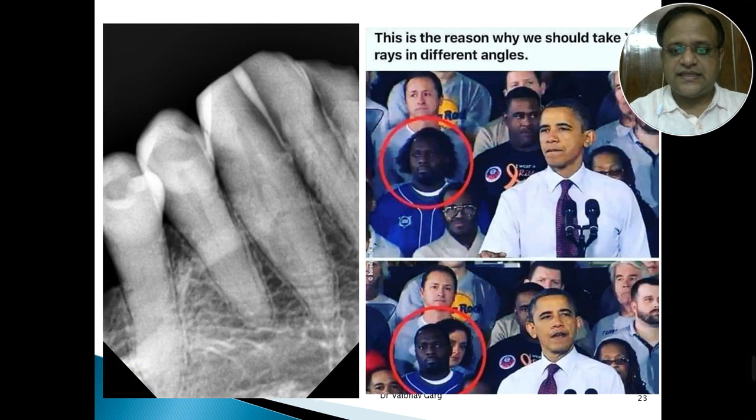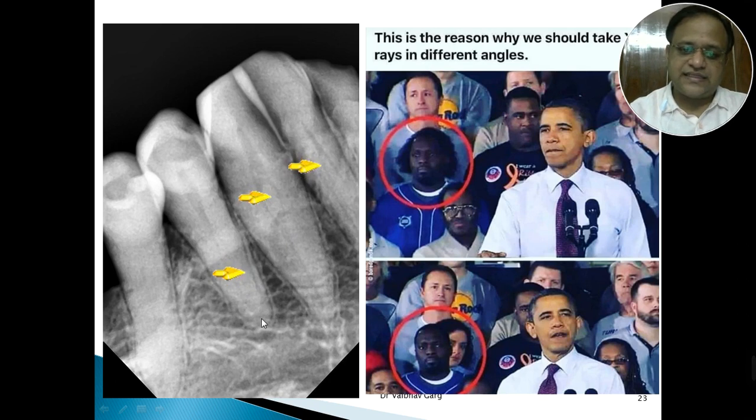Just see this illustration. I'll show you. Can you see some extra canals here? If we took this radiograph from a particular angle, you can see this central incisor, this lateral incisor has 2 canals. This canine has 2 canals. This premolar shows extra periodontal lining.